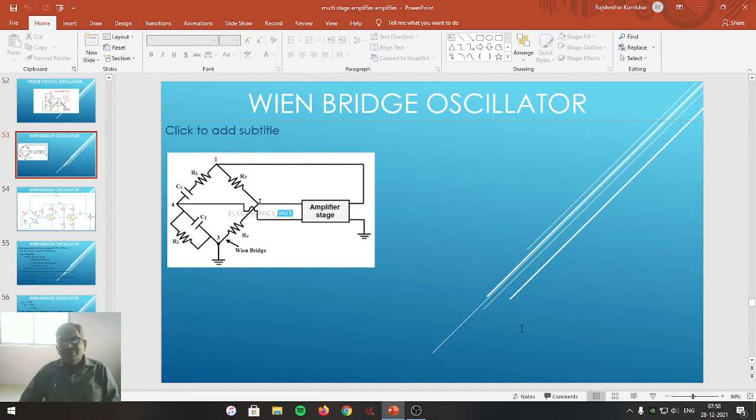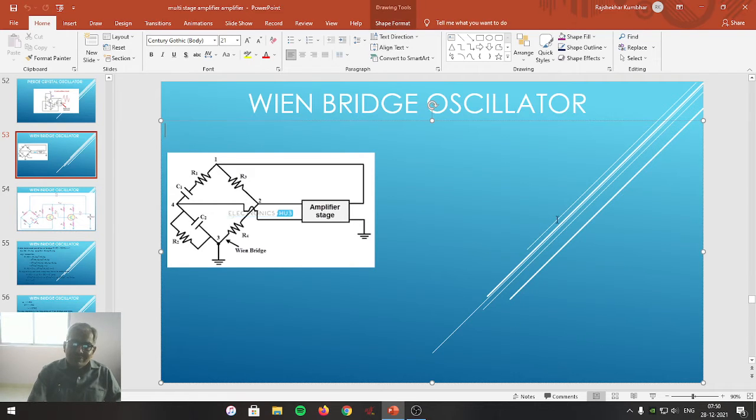But today we are going to study a different type of oscillator known as the audio frequency oscillator. That means an oscillator that generates the frequency between 20 Hz to 20 kilohertz.